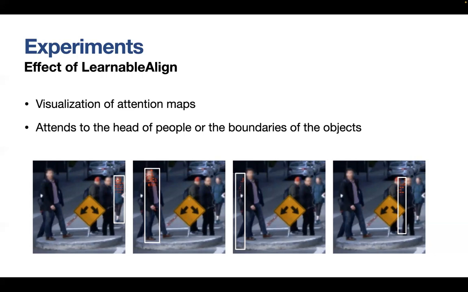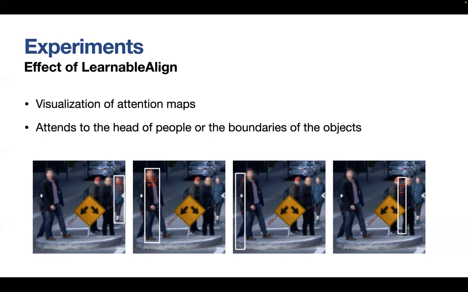On the first two images, LiDAR points attend mostly to head parts of the pedestrians, which actually makes sense because heads are quite important features, so to say, of a pedestrian. So they're quite useful in detection.